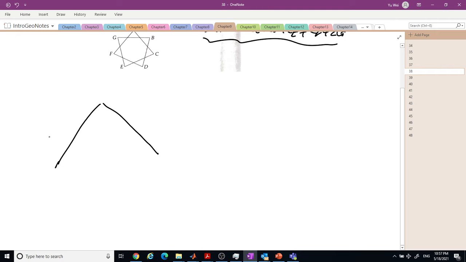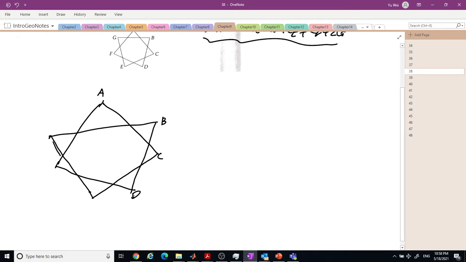So we draw this one. What we can do is connect this and connect these two. We know this should be the exterior angle of two angles, right?